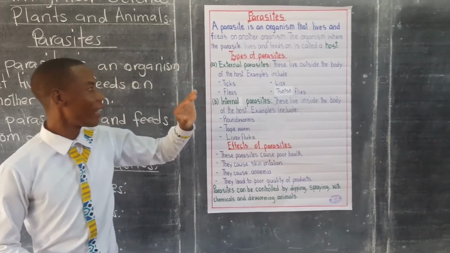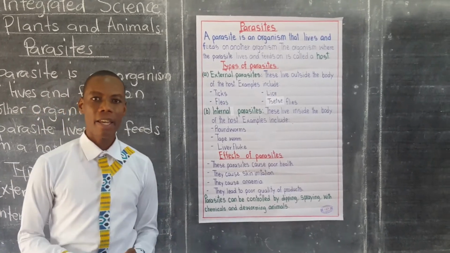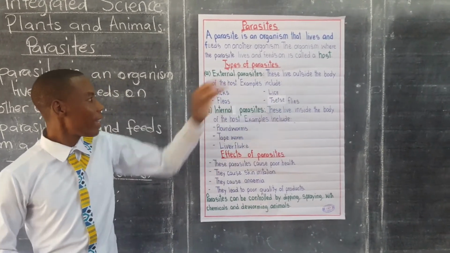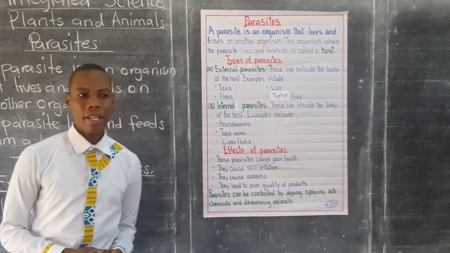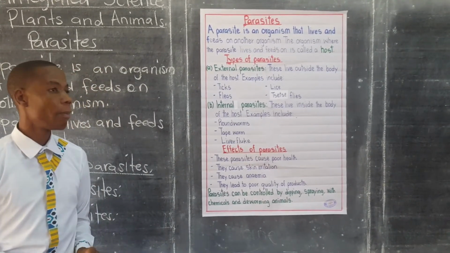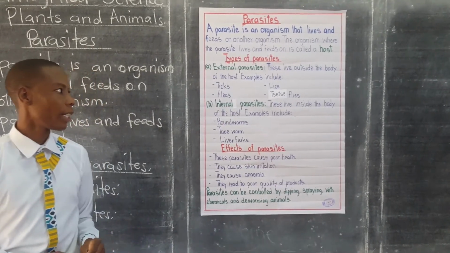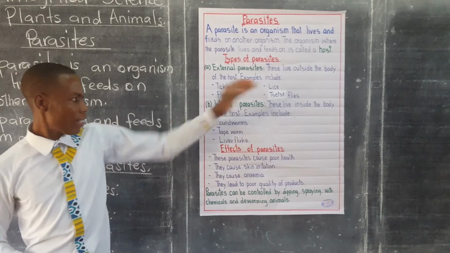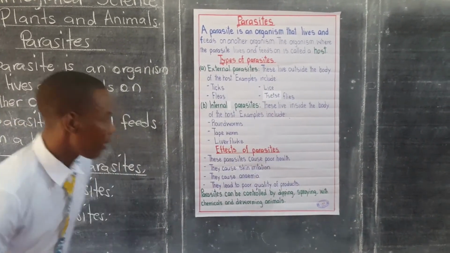Apart from these three, we also have what we call tsetse flies. Tsetse flies are external parasites. They are one example of flies that bite usually animals, especially cattle. Now, these flies are dangerous in the sense that they spread a disease to animals.